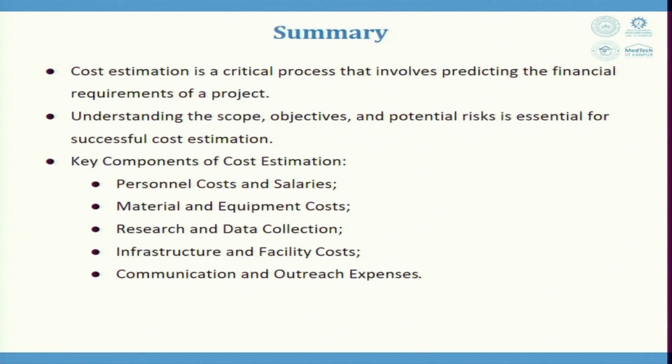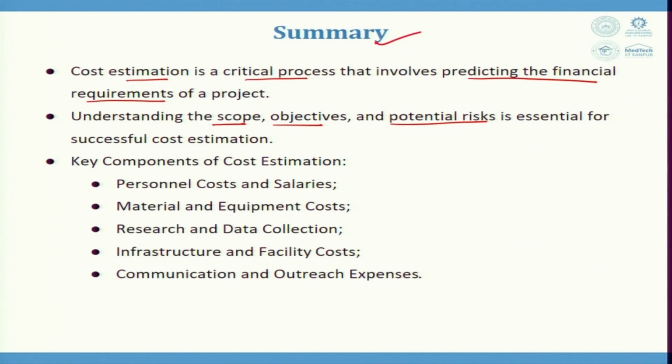To summarize this lecture, we have discussed that cost estimation is a critical process that involves predicting the financial requirements of a project. Understanding the scope, objectives, and potential risks is essential for successful cost estimation.